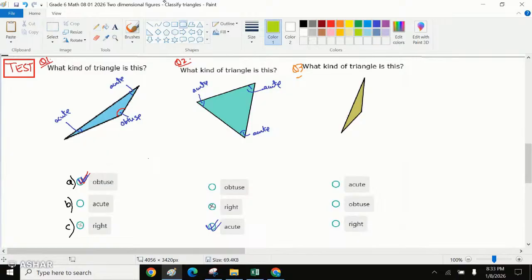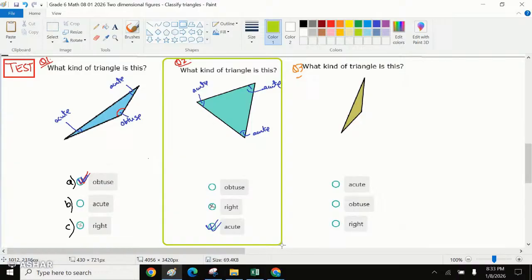Can you help me out with this? Do we see any right angle? A right angle is when two lines are intersecting at 90 degrees, right? We do not see a right angle. That means right is not possible.